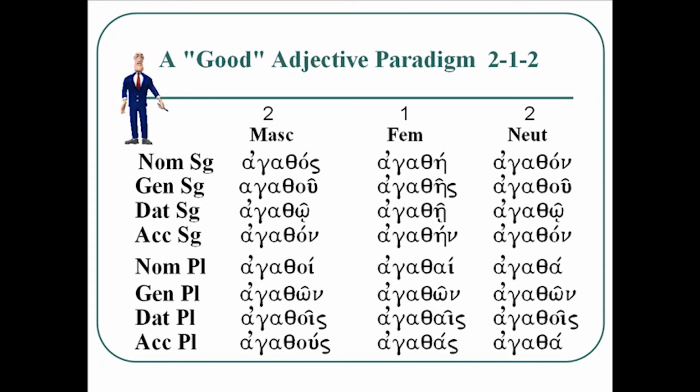Now for the feminine, you'll notice that the nominative, genitive, dative, accusative forms are exactly the same as graphē, the first declension noun that we already chant through. So it's agathē, agathēs, agathē, agathēn, agathai, agathōn, agathais, agathas. Exactly what we would expect.